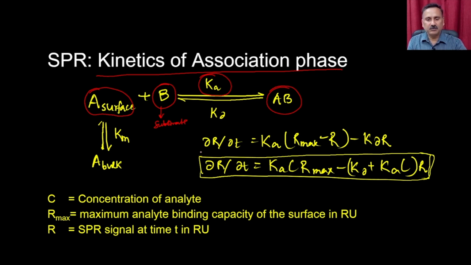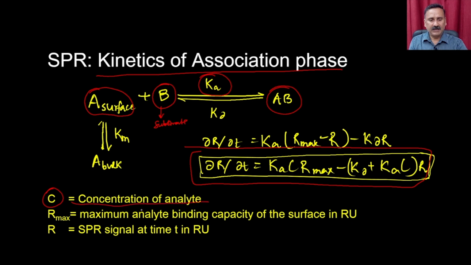And you can use this particular equation to calculate the different types of parameters, where C is the concentration of the analyte, Rmax is the maximum analyte binding capacity of the surface in RU. So this is the maximum capacity of the ligands that are bound onto the gold surface, and R is the SPR signal at a time t in resonance units.